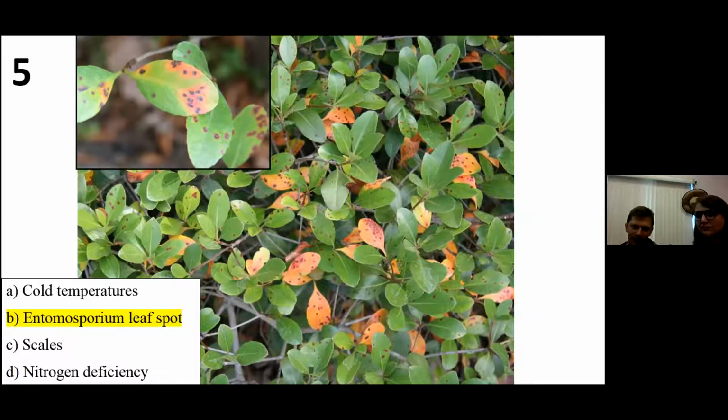It doesn't really look like some of these other things: cold damage, where you have uniform damage across whole areas of the plant, or scales, where you'd probably have leaves starting to fail uniformly, and nitrogen deficiency, where you'd probably have yellowing all throughout it. So this is a good job. Most of you got this one too.